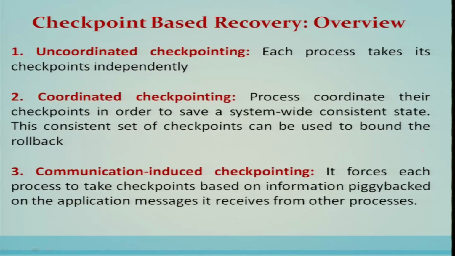Processes coordinate their checkpoints in order to save a system-wide consistent state. This consistent set of checkpoints can be used to bound the rollback. Third, communication-induced checkpointing. It forces each process to take checkpoints based on the information piggybacked on the application messages it receives from the other processes.